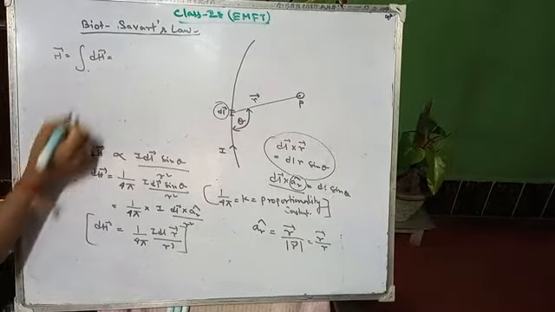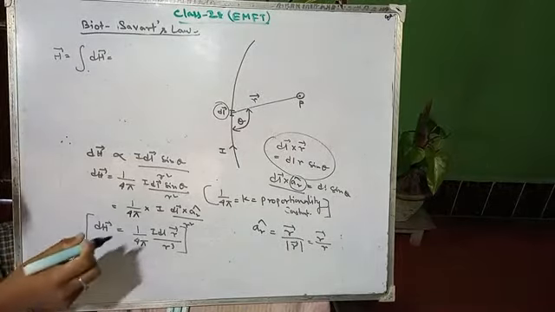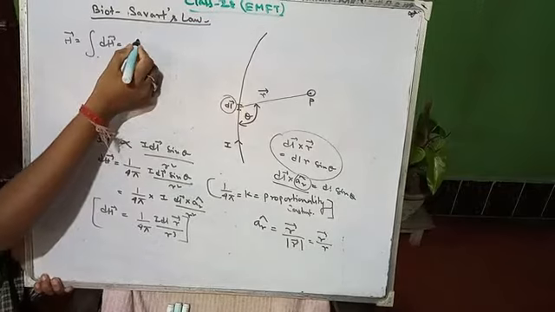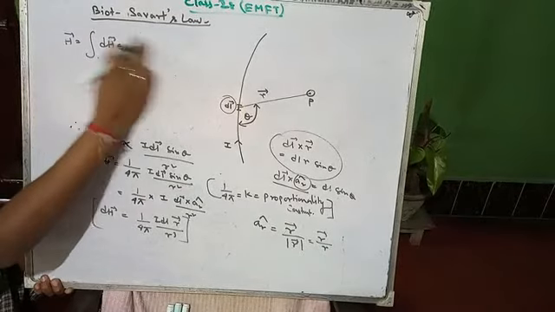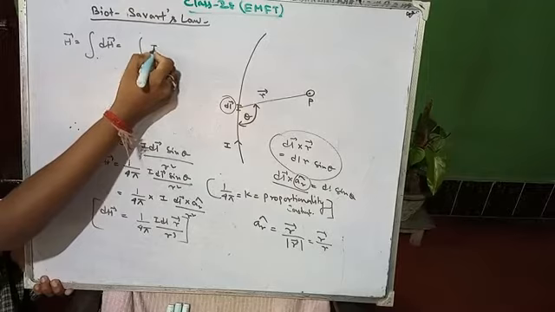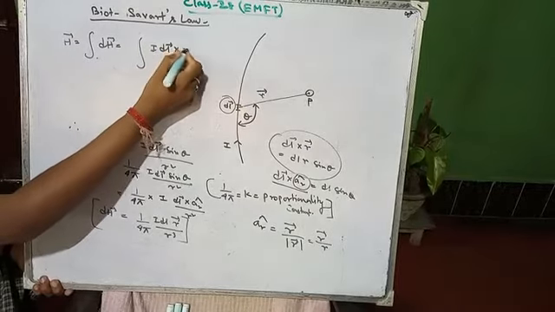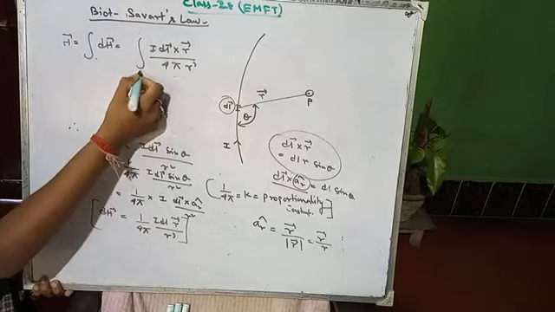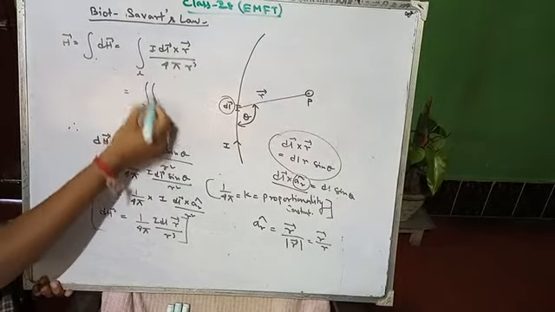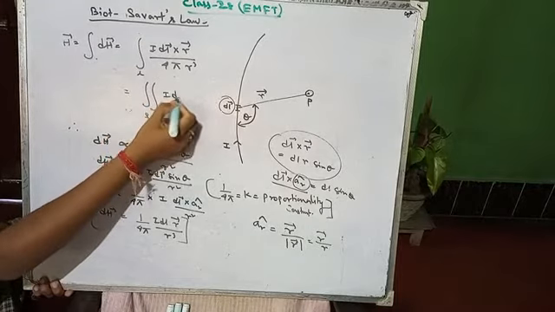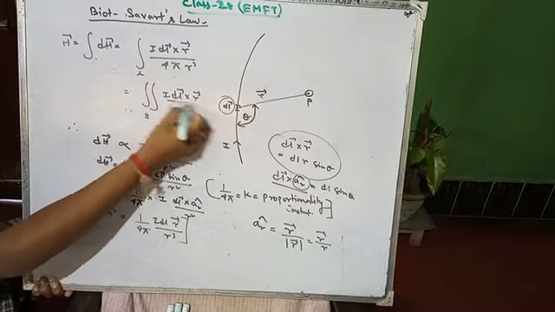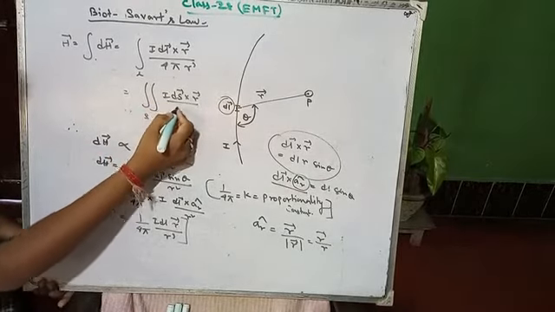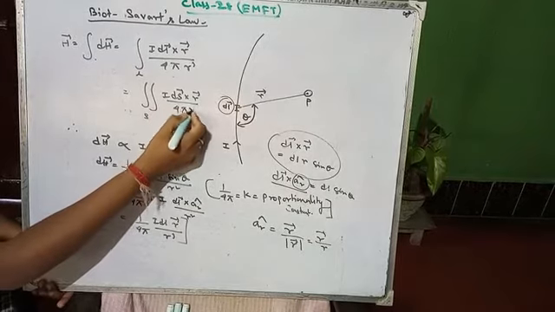If we consider it a line vector, then you can write H equals the integral of I dl cross r vector divided by 4 pi r cube. It is a line integral, or it can be written as a surface integral, where dl is replaced by ds, ds cross r vector over 4 pi r cube.